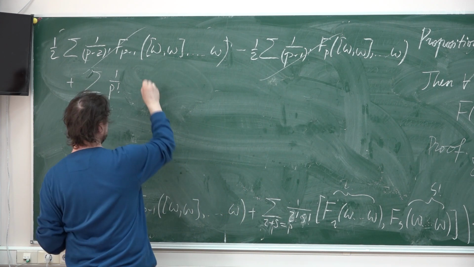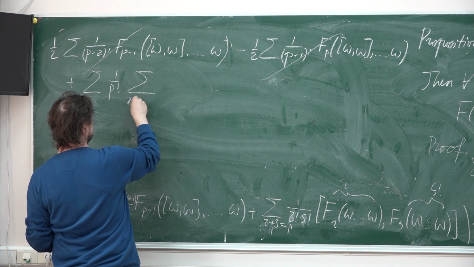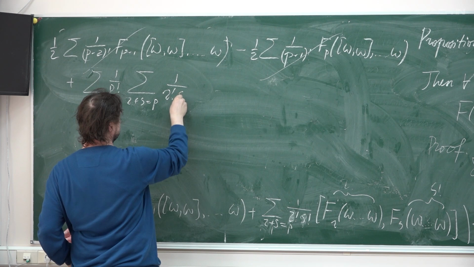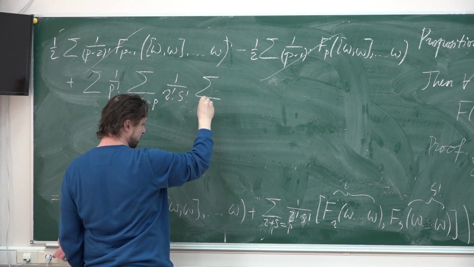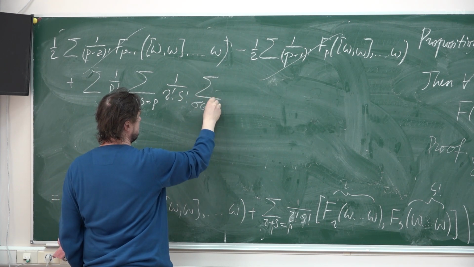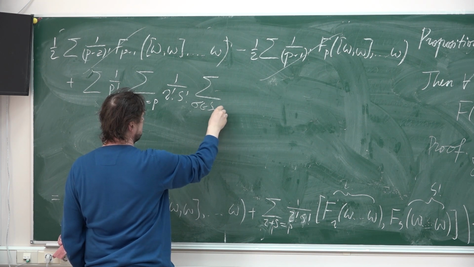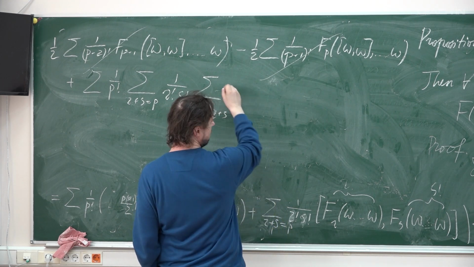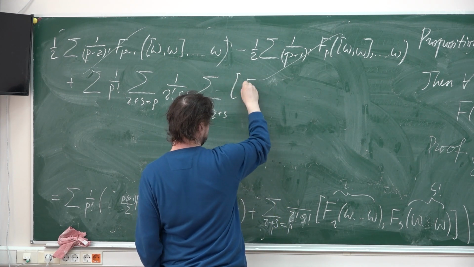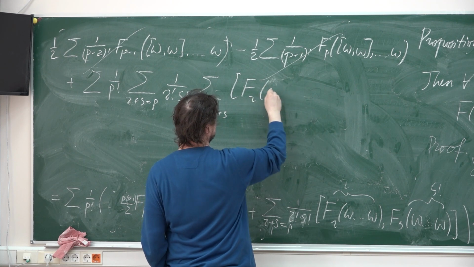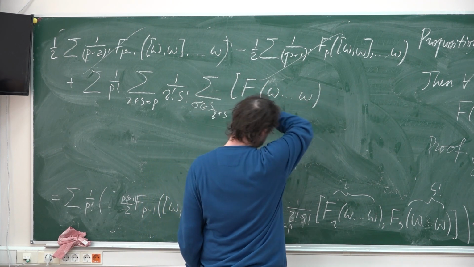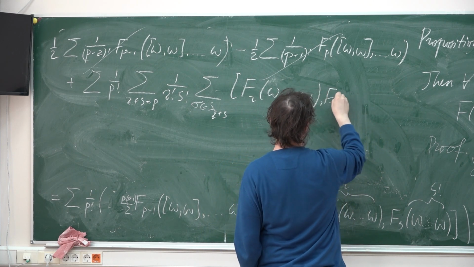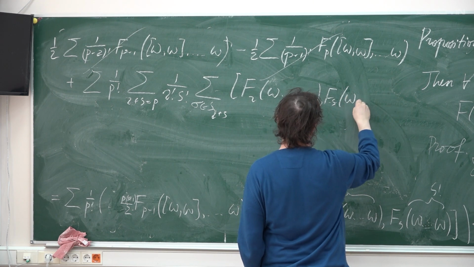Sum over p, 1 over p factorial, sum over r plus s equal to p, 1 over r factorial s factorial, sum over all permutations sigma in S r plus s of this kind of terms. Fr omega omega, Fs omega omega.